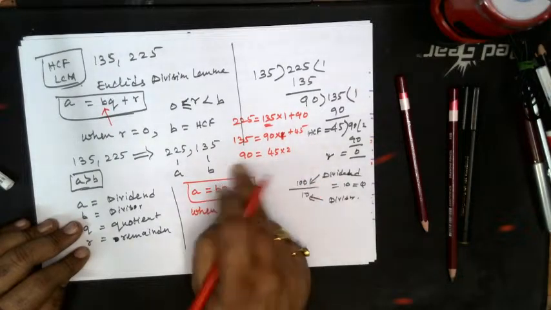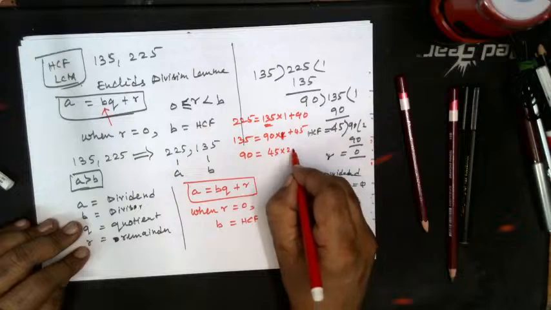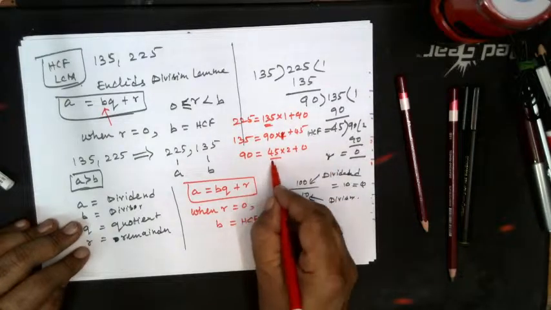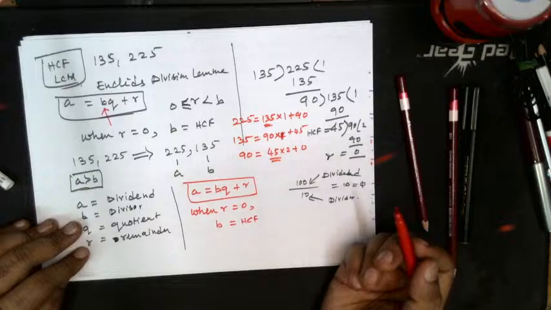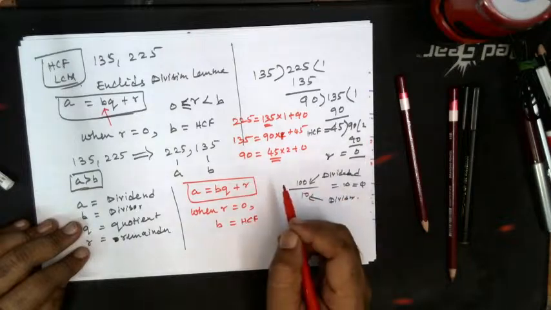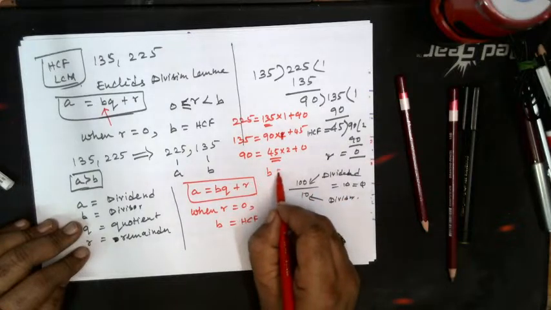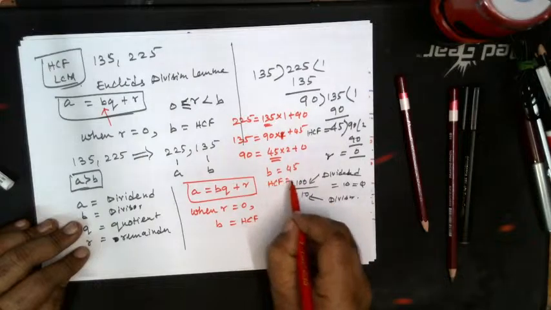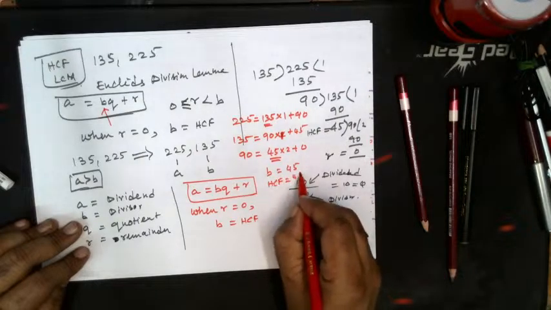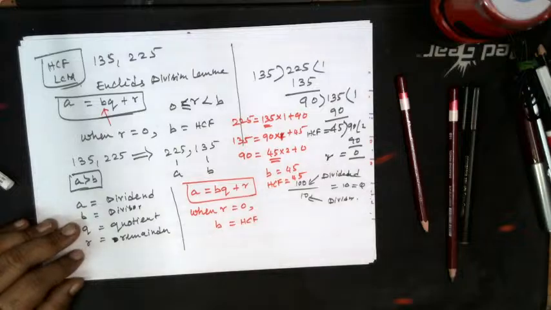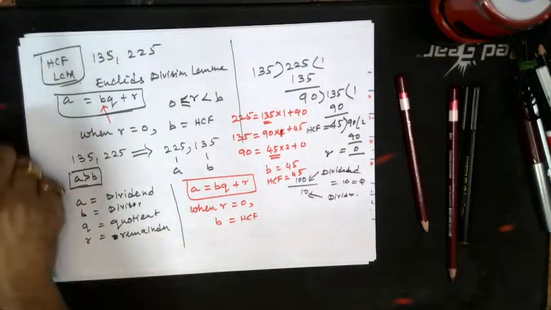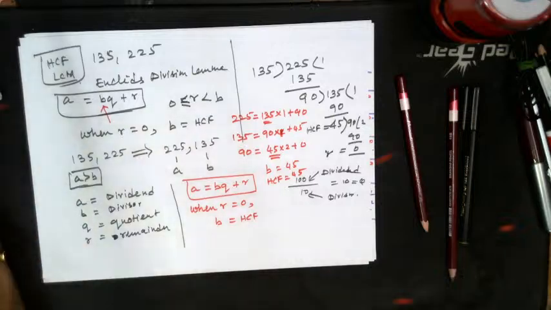So 90 minus 90 is 0. Now you can declare 45 as HCF. Now B is 45. It means HCF is 45. So do you understand this technique? Yes, sir. Okay, so we will proceed in the next class. You have to practice a lot.